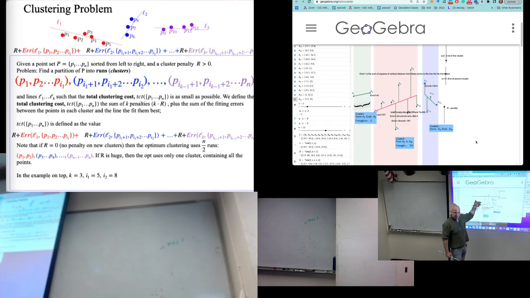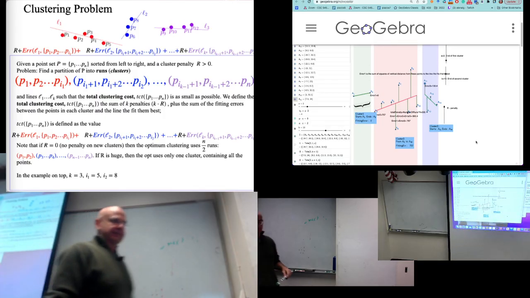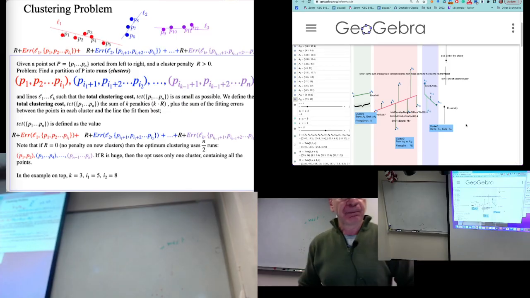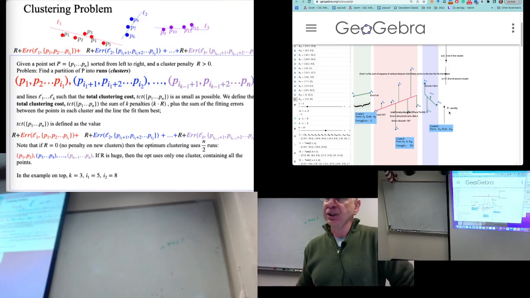The way that we are controlling the number of clusters is by changing a penalty, so that every time that I start a new cluster, I have to pay this penalty. When I let you play with the app, the function over here just fits the best line, and it's a little calculator where you can change the penalty and it will compute the total fitting error plus penalties that we are going to use.